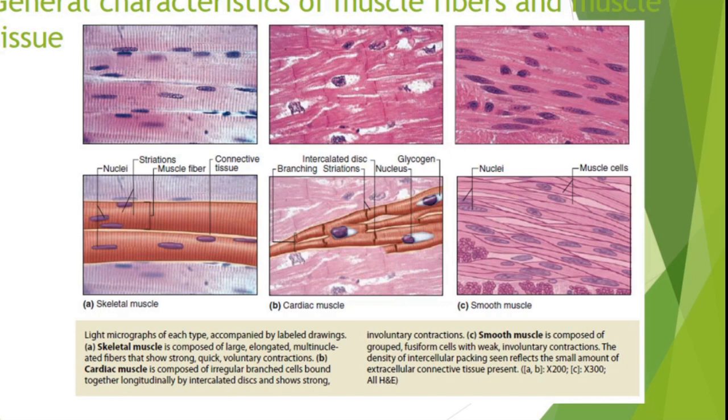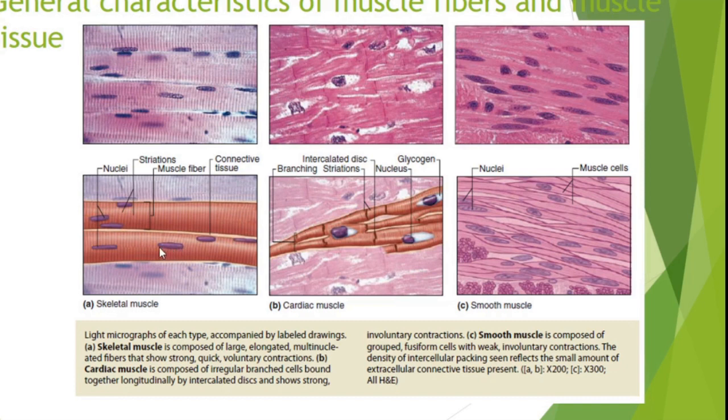For the cytoplasm naman ng muscle tissue, ang tawag natin doon ay sarcoplasm. Aside from that, makikita nyo sa bawat muscle fiber ay mayroong mga nucleus. Okay? So, ang nucleus dito ay characterized as elongated and is parallel to the long axis of the muscle fiber.